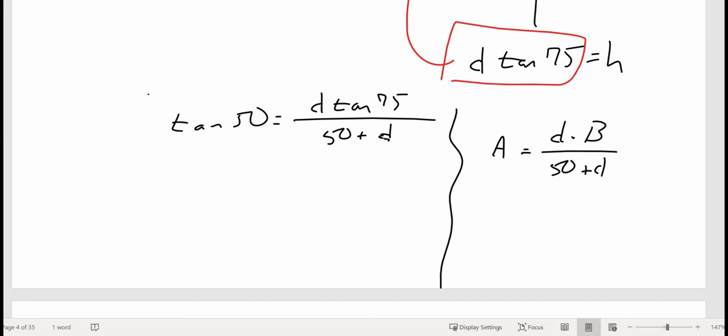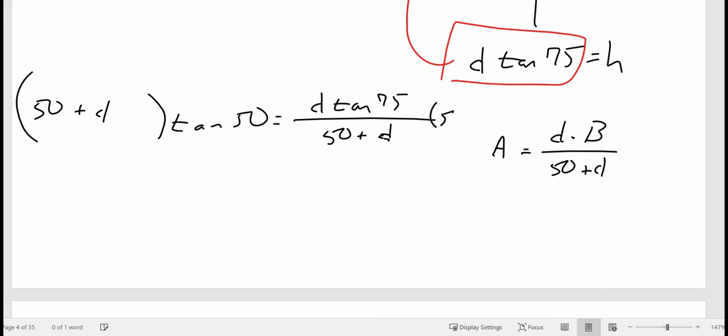So I'm going to multiply both sides of this by that denominator. If I do that over here, notice those cancel out. And then over here, we just have 50 plus d times tangent of whatever that number is.